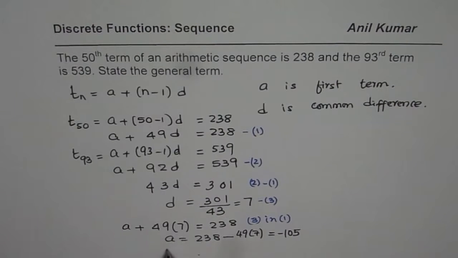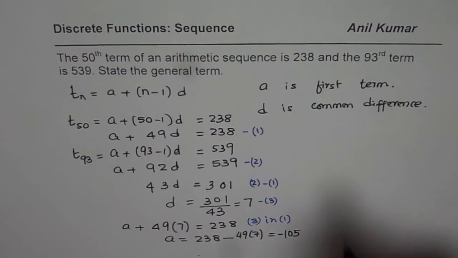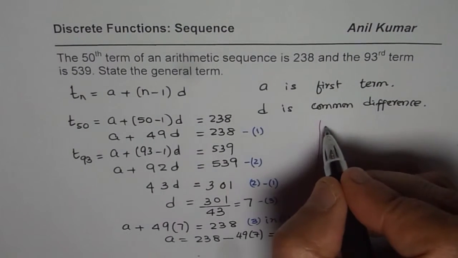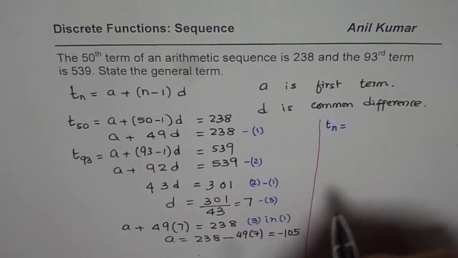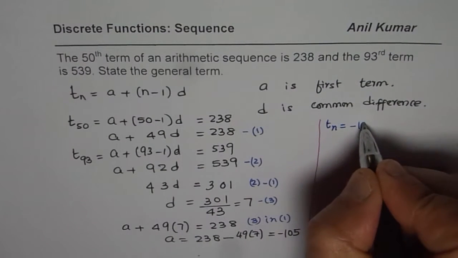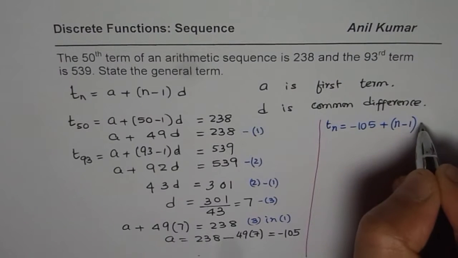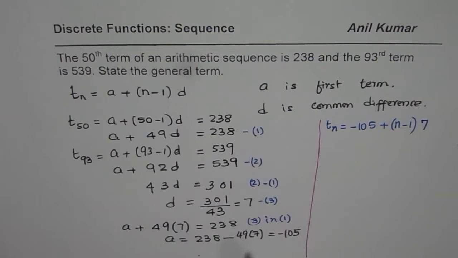Since we know a as minus 105, we can now write our general term, right? So let me write the general term on the right side and then simplify. Tn in general will be equal to the value of a, which is minus 105, plus n minus 1 times d, which is 7. Let's call this equation 4.